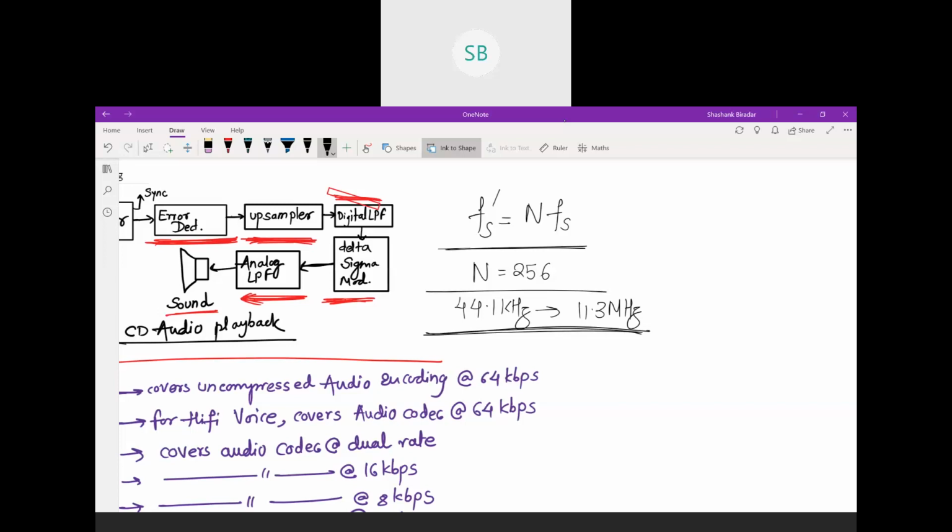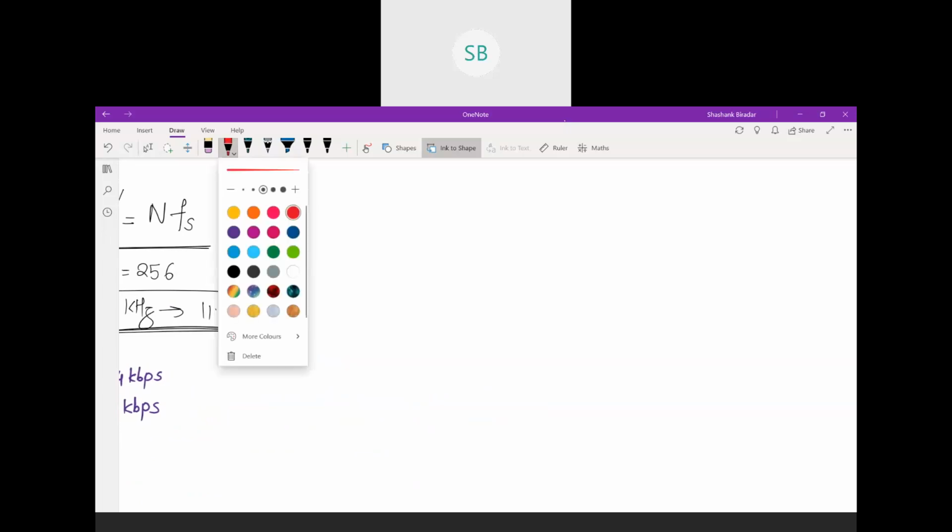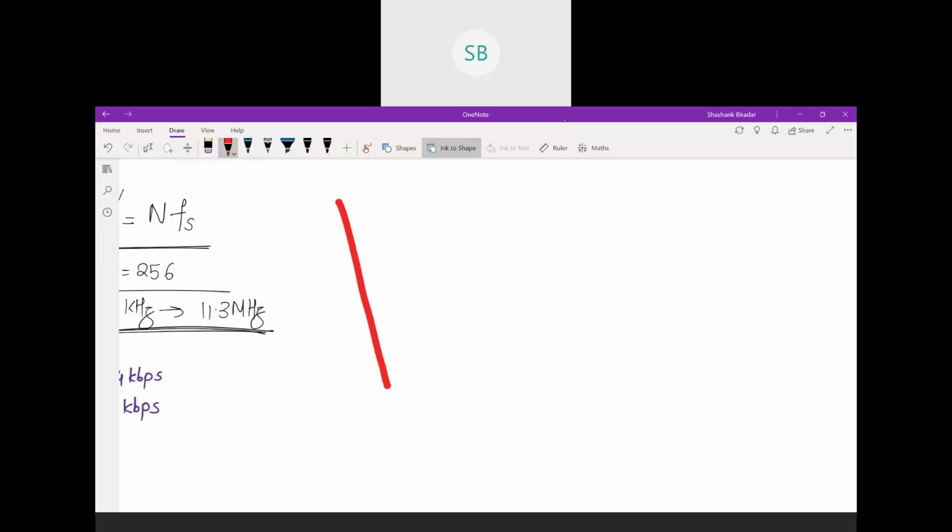This increase in sampling rate brings the adjacent samples very close to each other. Why are we doing this? Because we are going to increase the number of elements. Let me illustrate this. If we have a line, to describe it I can draw this point, this point, this point, this point, and this point.